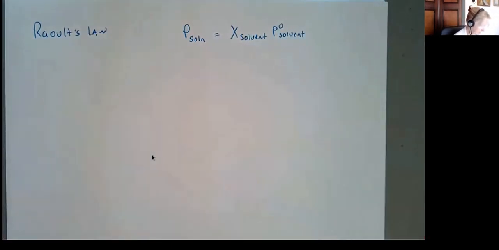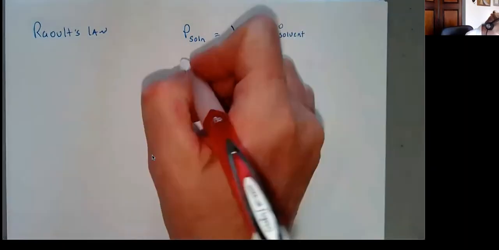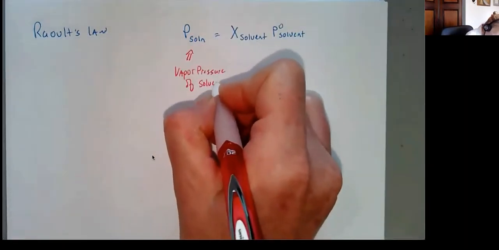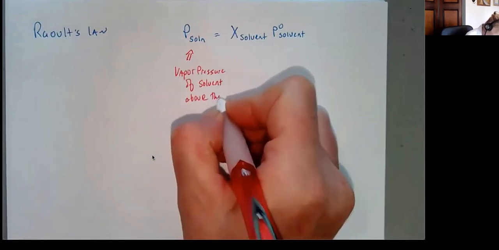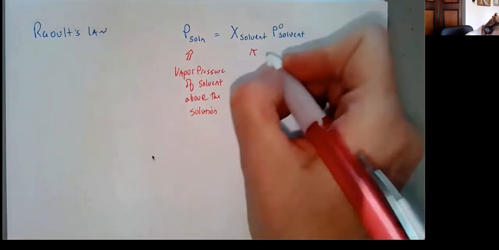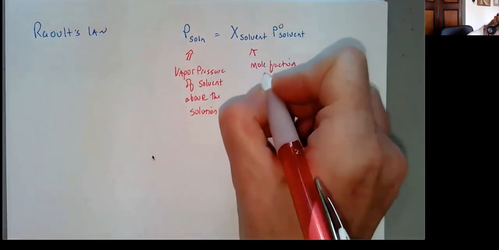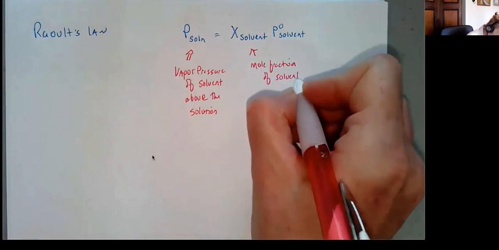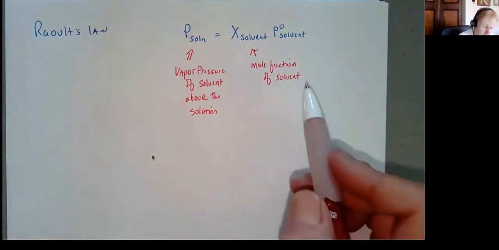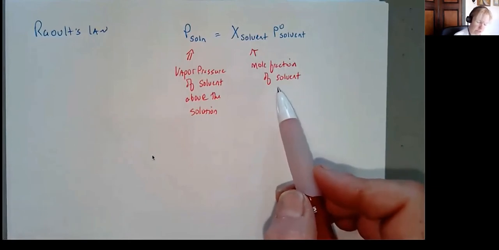So let's define these terms here. This would be my vapor pressure specifically of the solvent above the solution. This is the mole fraction of solvent. I don't care about the mole fraction of solute because the solvent is what's going into the gas phase.